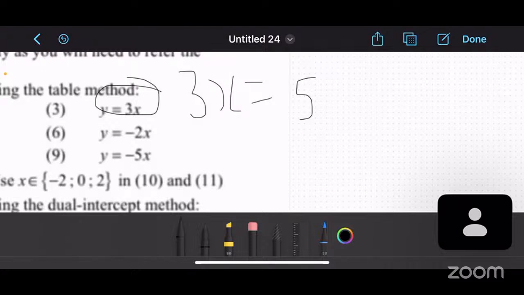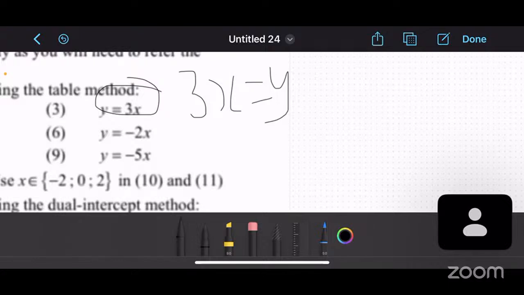Not 5, equals y. Okay. And then we divide.